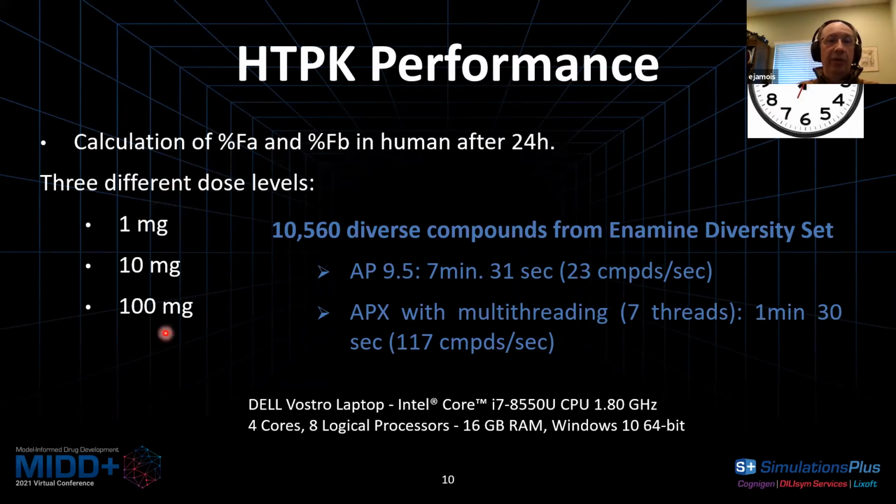For 3 different dose levels, I actually ran that calculation on the Enamine diversity set of over 10,000 compounds. With the previous version of the software, it took 7.5 minutes. With the current version, it took 1 minute and 30 seconds. So that's 117 compounds per second.